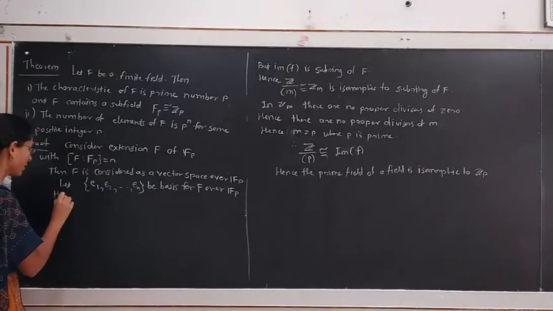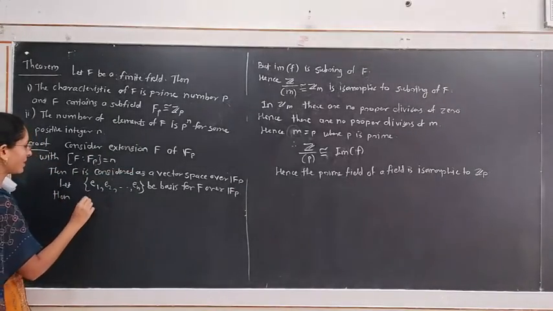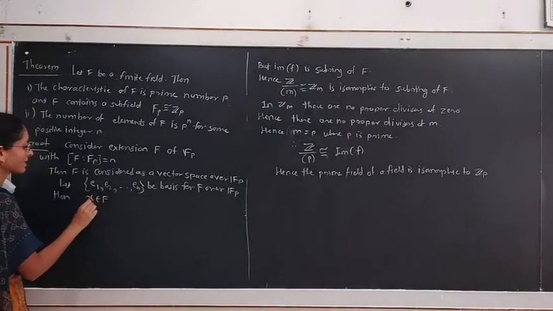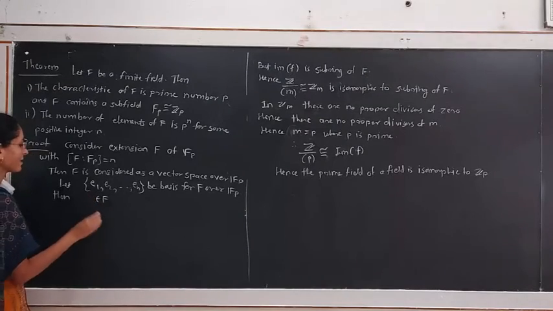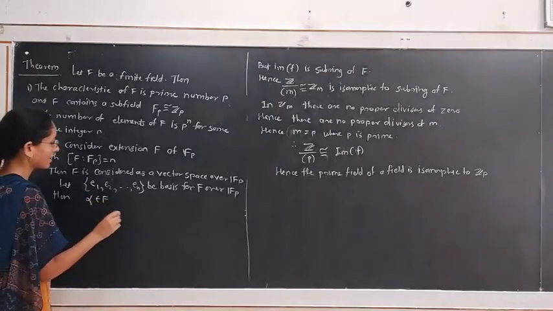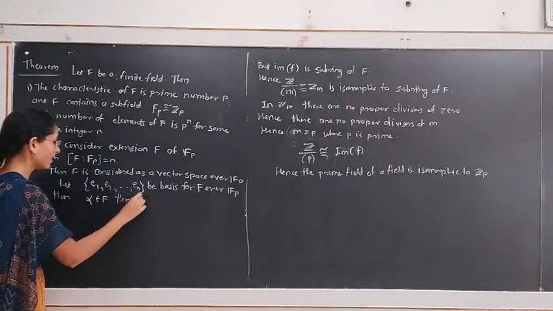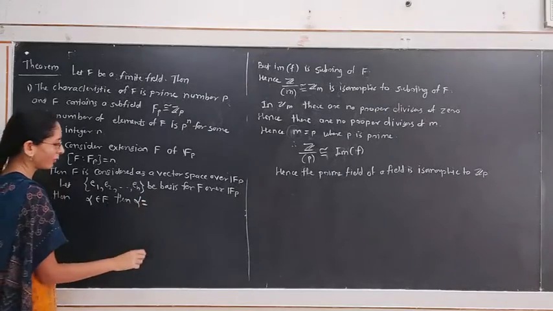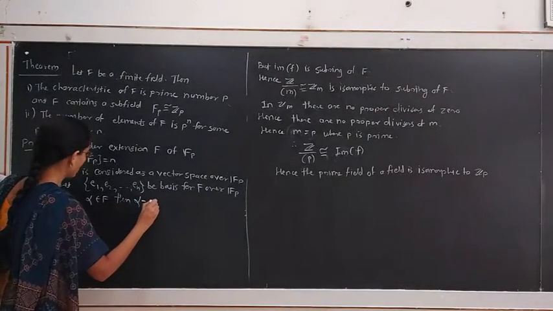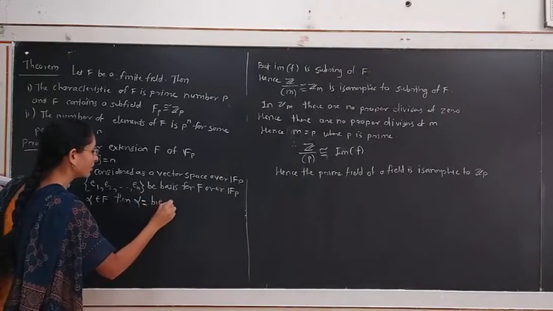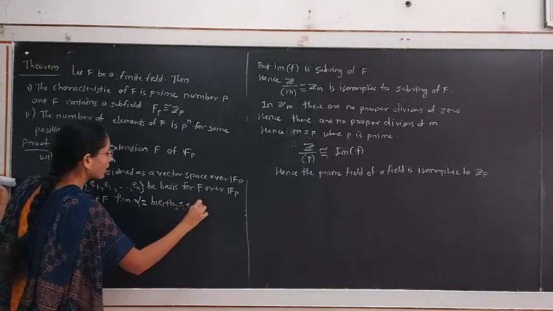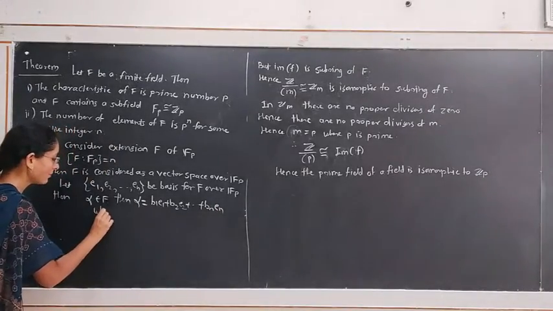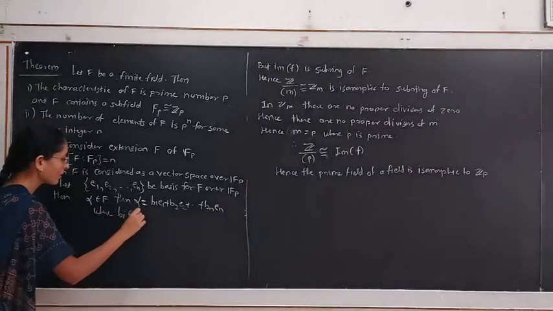Then any element alpha belonging to F is written as a linear combination of these elements because this is the basis for F over Fp. Alpha equals b1 e1 plus b2 e2 plus up to bn en, where bi belongs to Fp.